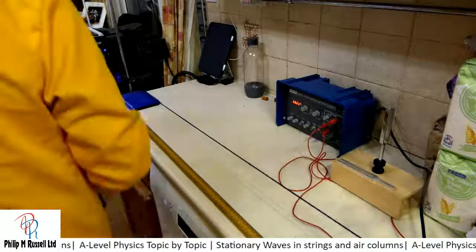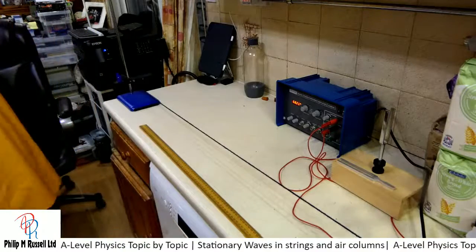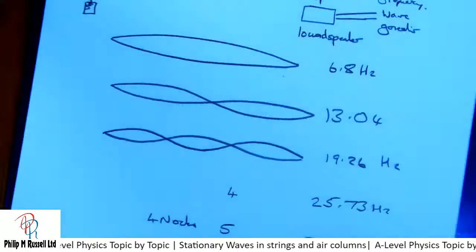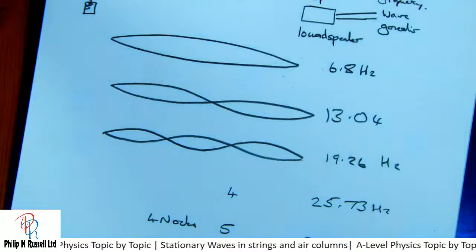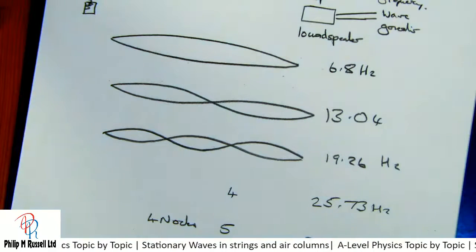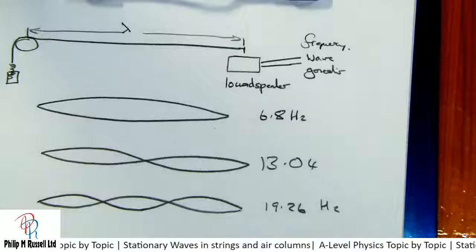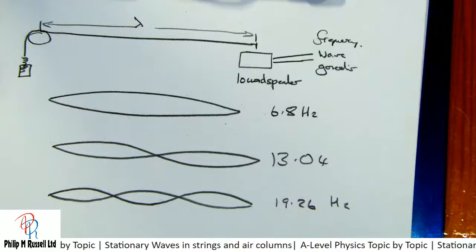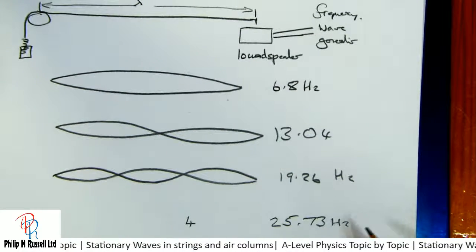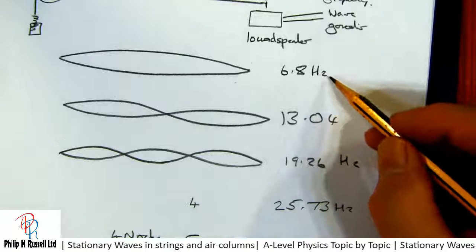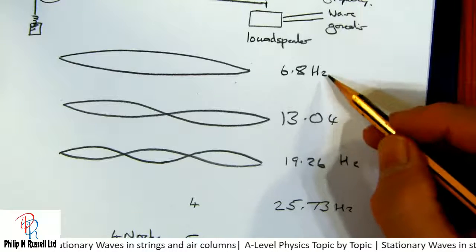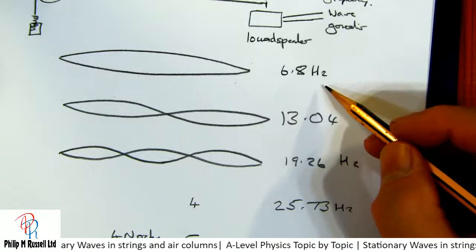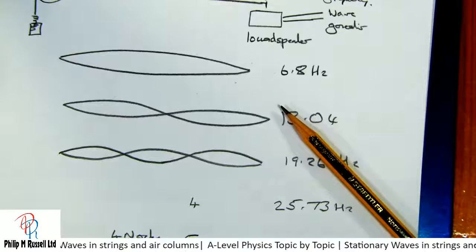Let's go and have a look. So looking at this table then, with this experiment, we've got here probably our fundamental at around about 6.8 hertz. Not very easy to measure.